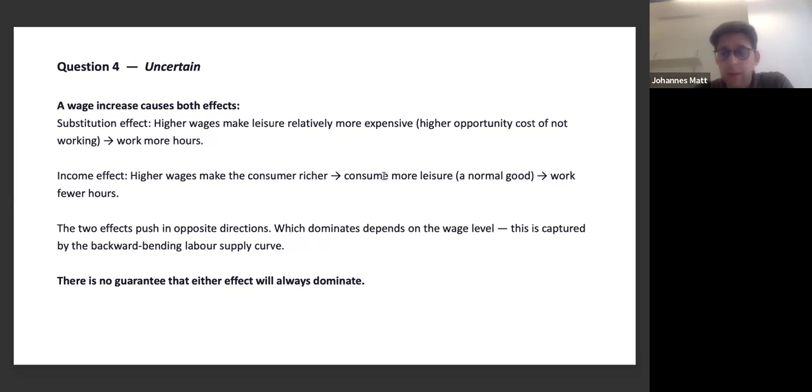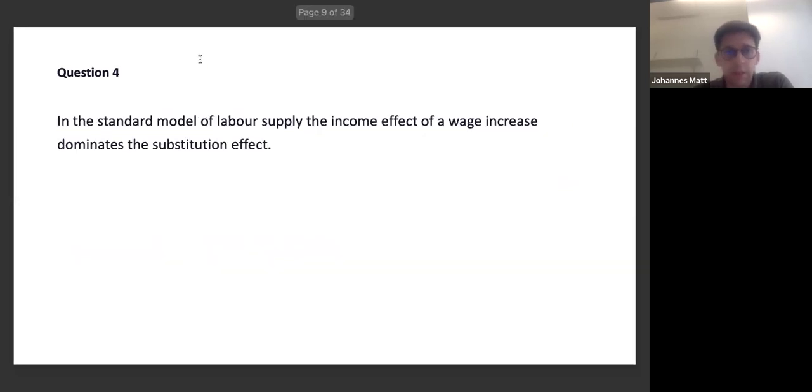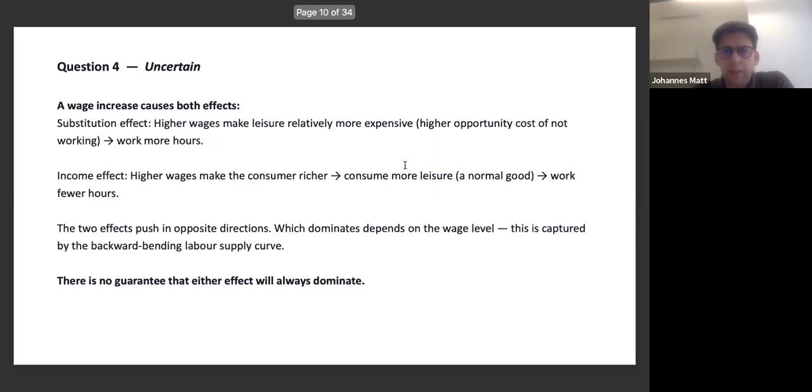And if you now go back to the prompt, it is asking us for the standard model of labor supply. And so in the standard model of labor supply, we would typically assume that we have normal goods here and not inferior or luxury goods separately. Okay, I hope that answers your question.